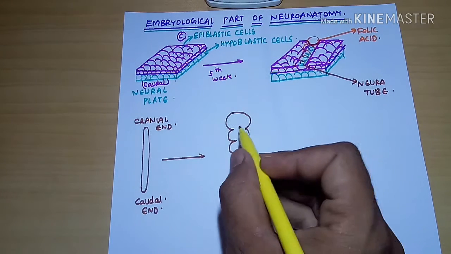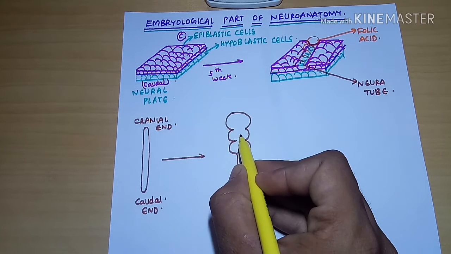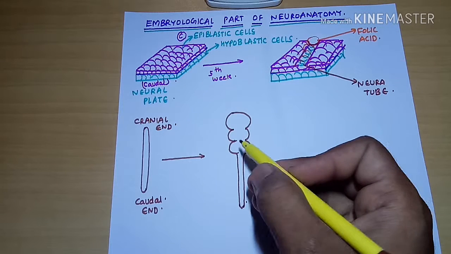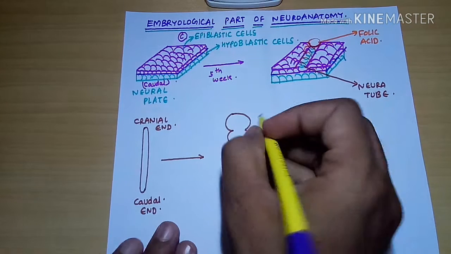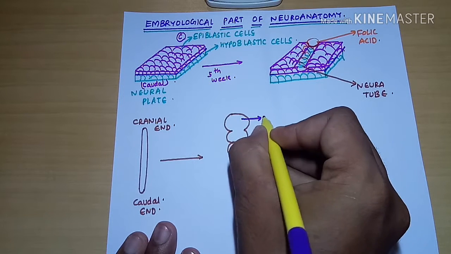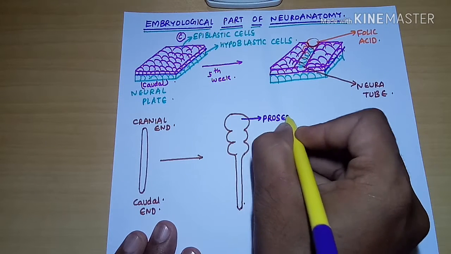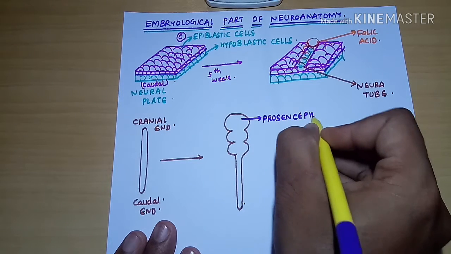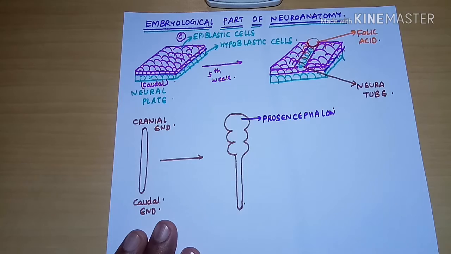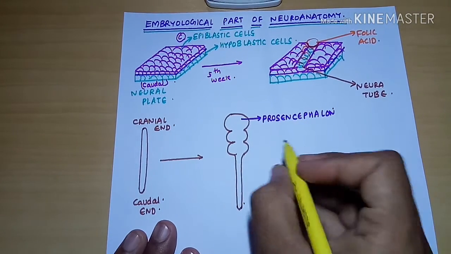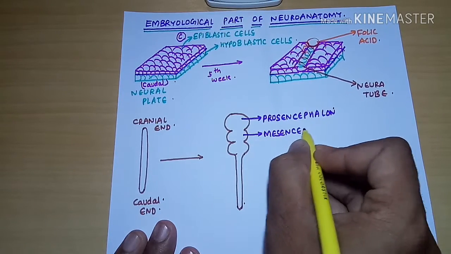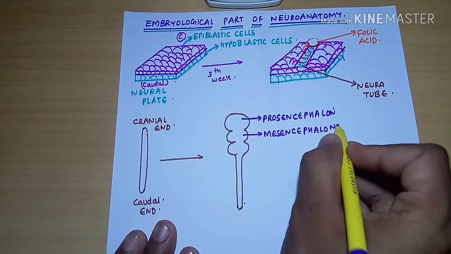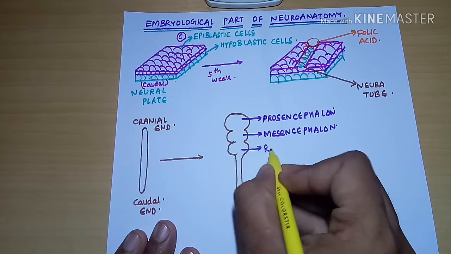The 3 swellings are: the first one is the prosencephalon, the middle one is the mesencephalon, and the last one is the rhombencephalon.